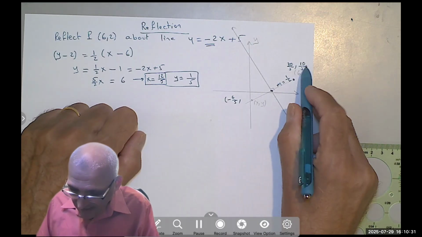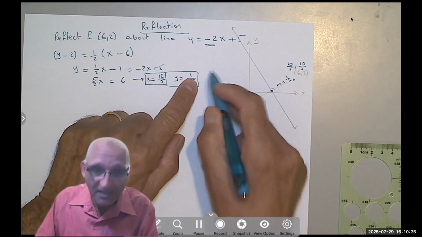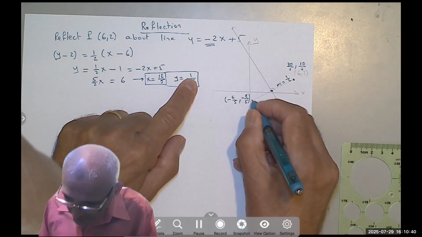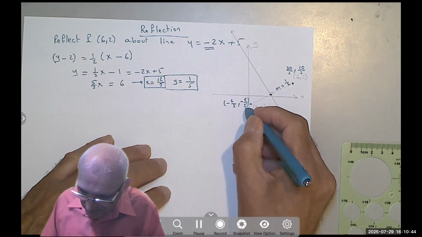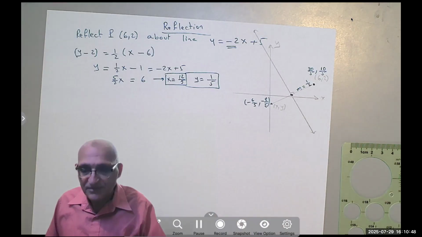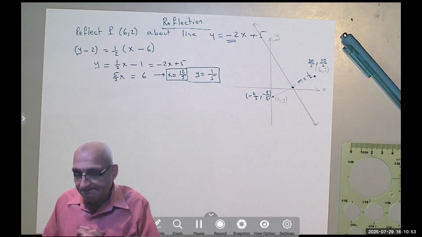The y was 10, dropped to 1, meaning it dropped by 9. So if it drops another 9, it becomes negative 8 fifths. So the coordinates of this point, in the third quadrant, down there, are negative 6/5 and negative 8/5. Okay? And that's it.